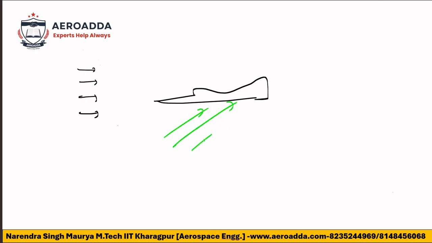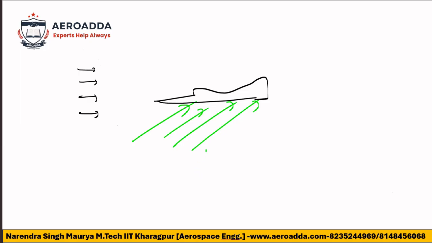Suppose see here, this aircraft is flying. Once a disturbance came and hit the aircraft, suppose a crosswind came here. This is also one kind of disturbance.